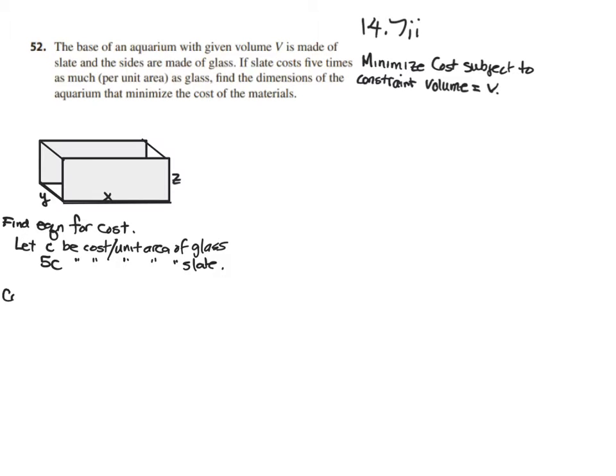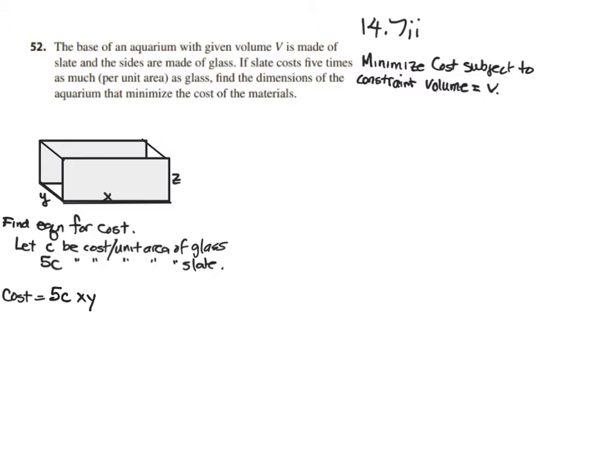So the cost is going to be the cost per unit area times the area, right? So for the base, the area there is x times y, and it costs 5C per unit area there. So it's going to be 5C times xy.